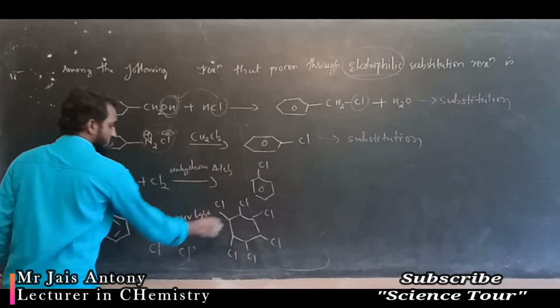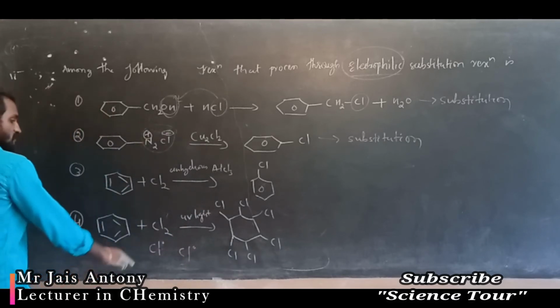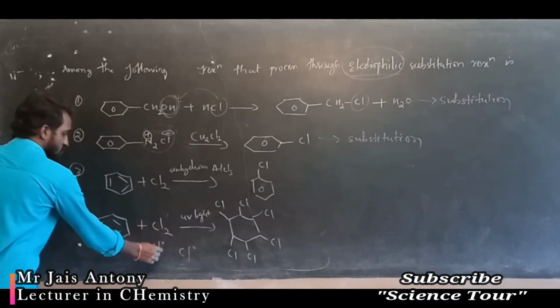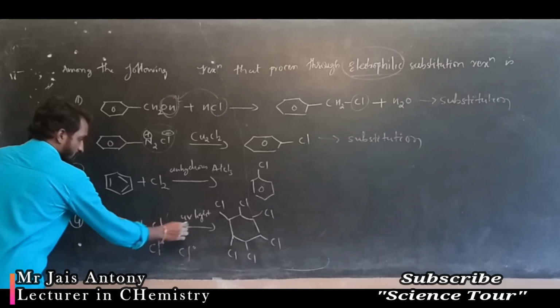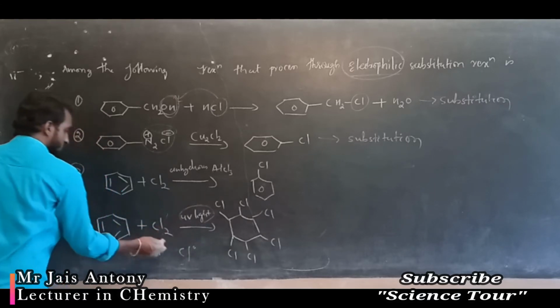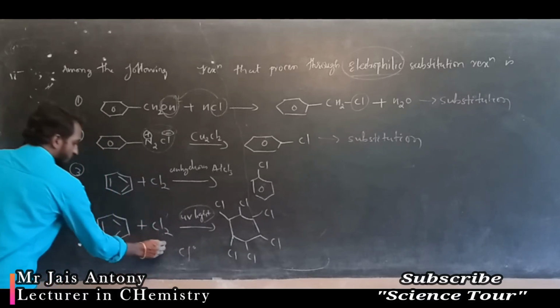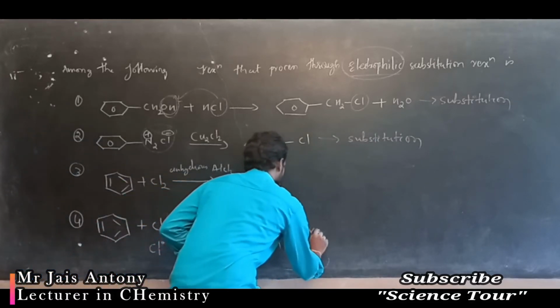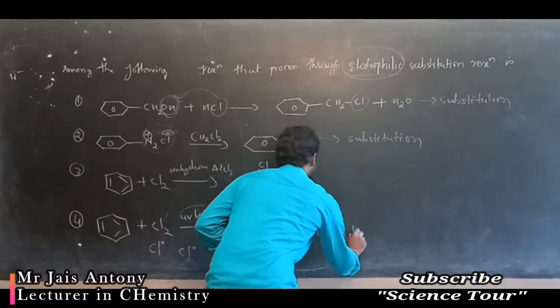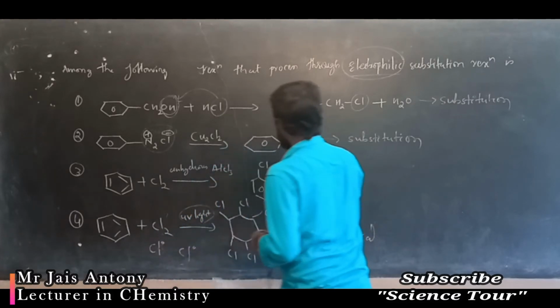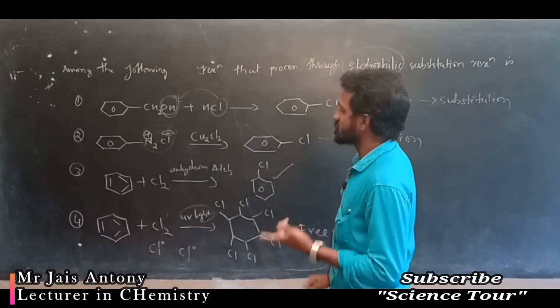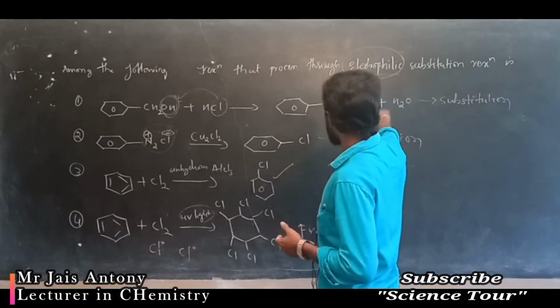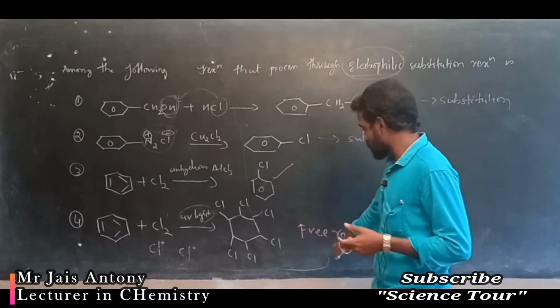There is no benzene ring inside this type of compound, so don't put that. In the presence of UV light, chlorine separates and forms free radicals. This reaction is a free radical reaction. The last remaining one is this one, which we will check for electrophilic substitution. The remaining two are substitution reactions, and this one is a free radical reaction.